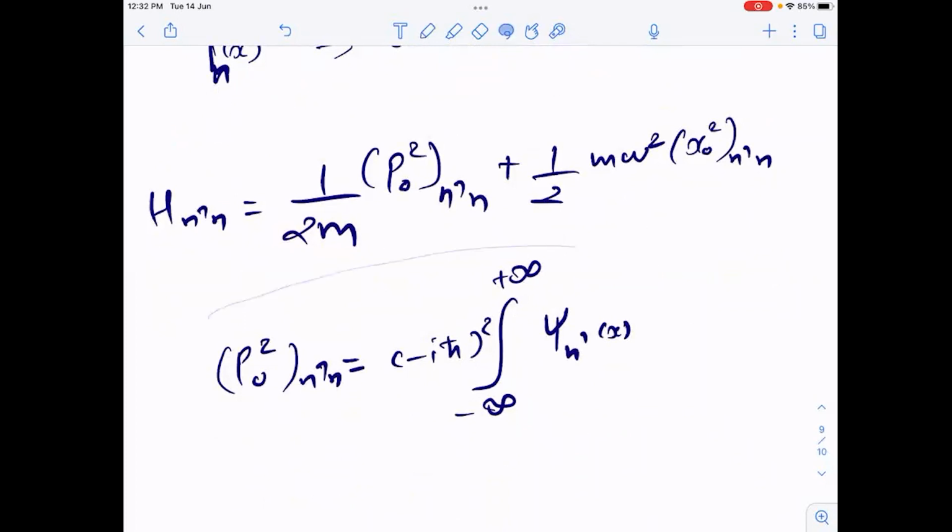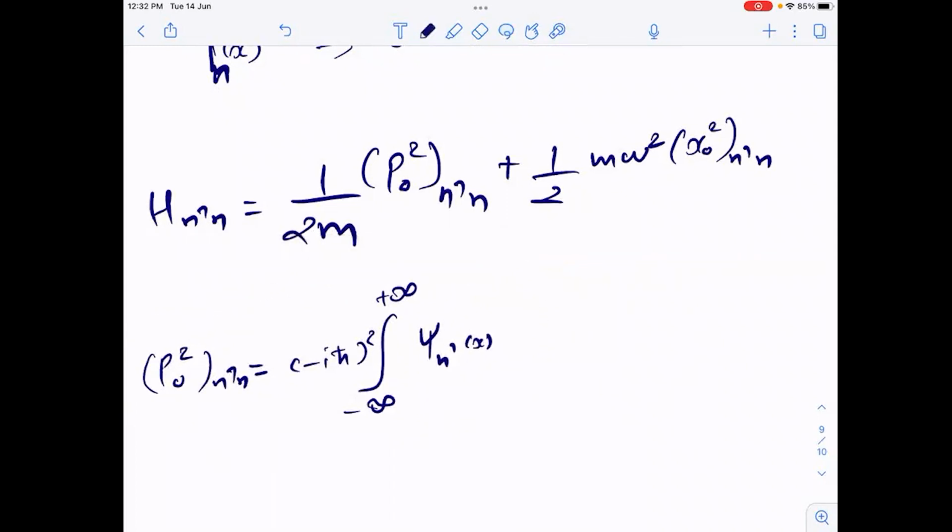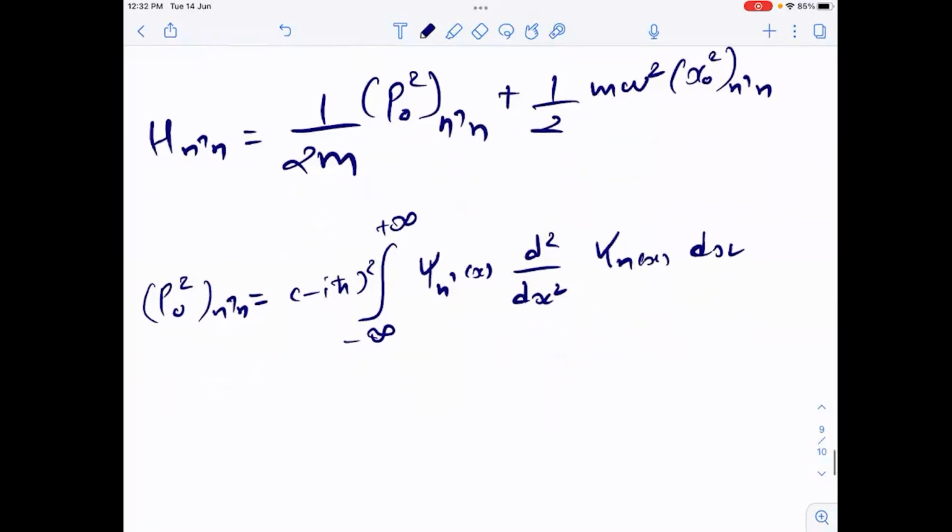I will shift this a little bit. We need some space. d square by dx square psi n x dx. Agree or not? Yes, sir. Fine. Now we simply use the fact that alpha is under root m omega by h cut, and alpha is already there in x and chi, hidden there, right?